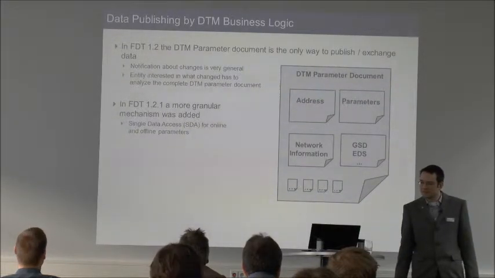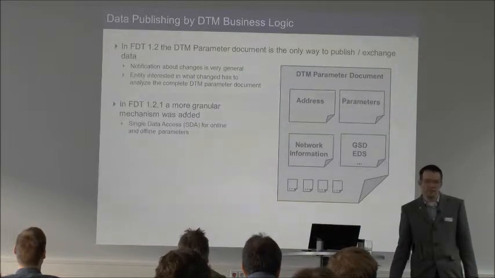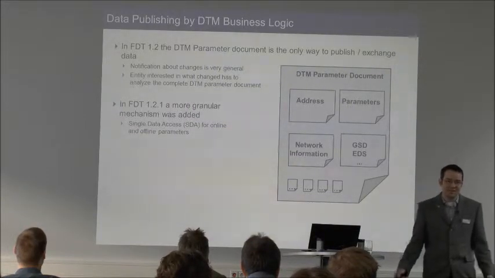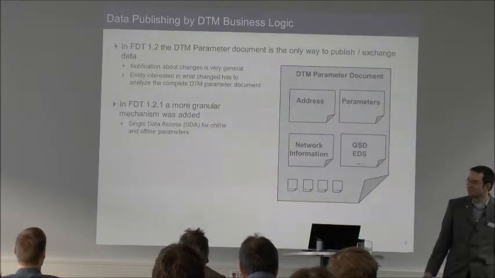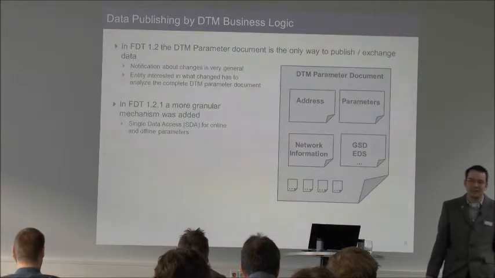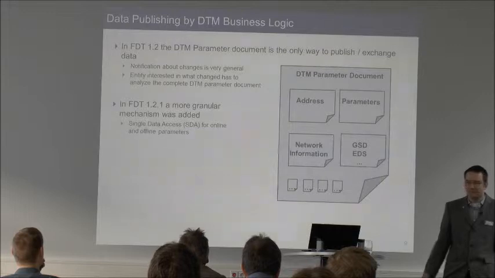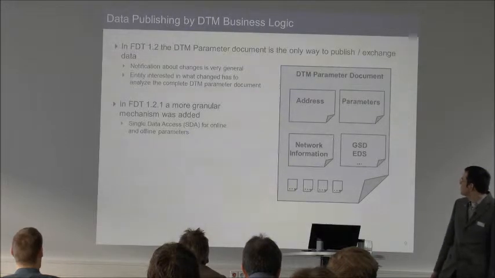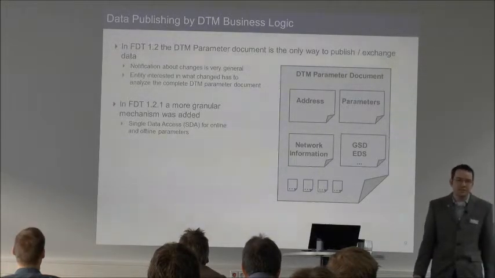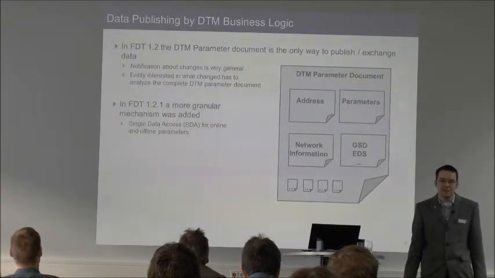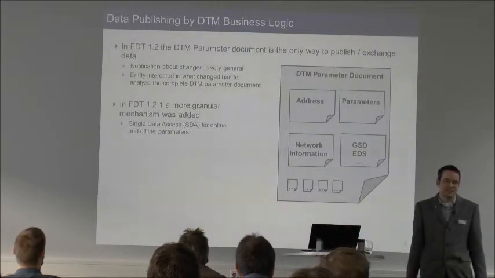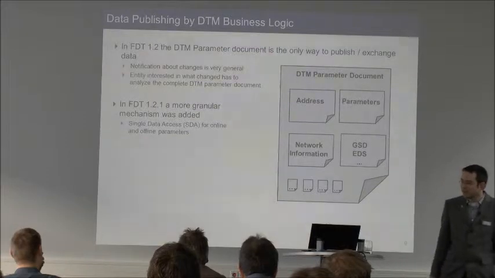So in FDT1 we have a big XML file, the parameter document, which contains all kinds of data: the GSD file for Profibus DTMs, the address, the network tag, other network information, process channel information, and so on. All this data is in one big XML file today.